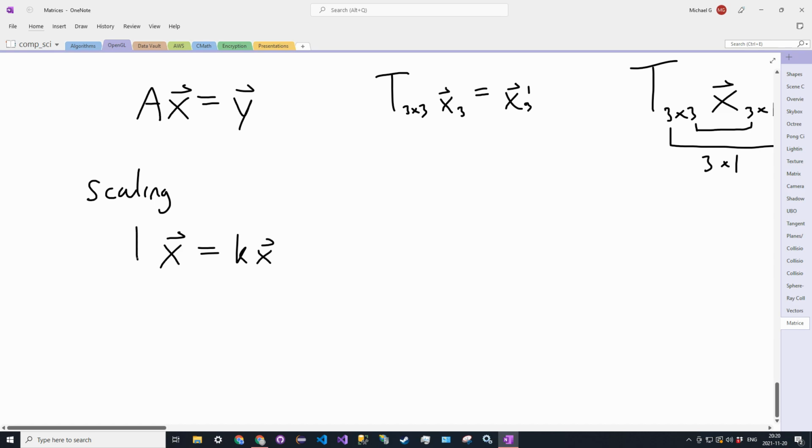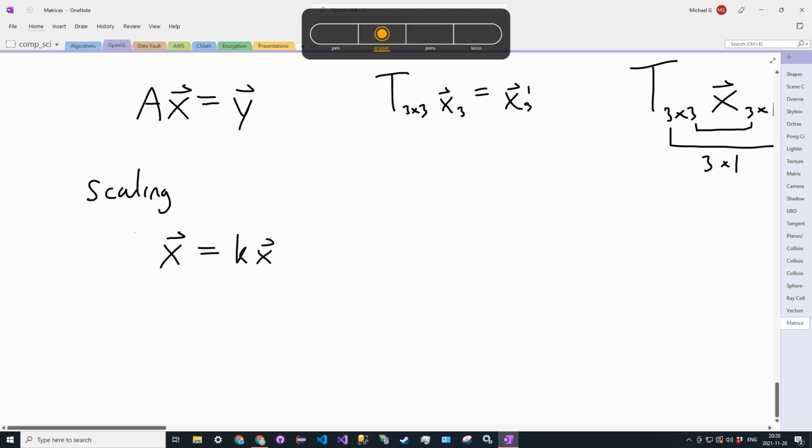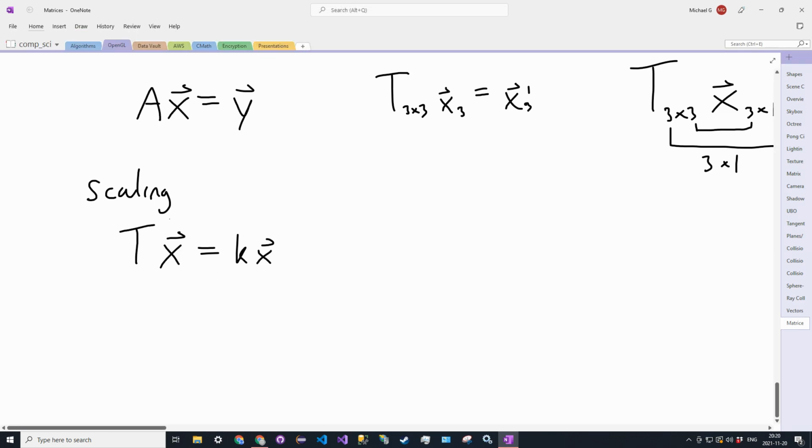We want the transformation matrix multiplied by some vector x to have the result of just scaling it. And in linear algebra, you would technically call x here an eigenvector with an eigenvalue k, but that's not important right now. The important part is, what do we use T as?